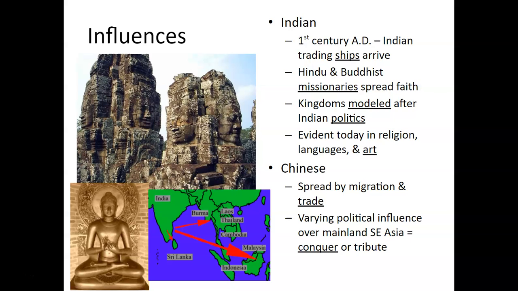Obviously, trade goods, they bring in cultural traits and ways of life. In particular, you see missionaries of the Hindu and Buddhist faith coming into the region and spreading it. So the reason why much of this area today in Indochina is Hindu and Buddhist is because of the Indian missionaries coming in, this connection with India.